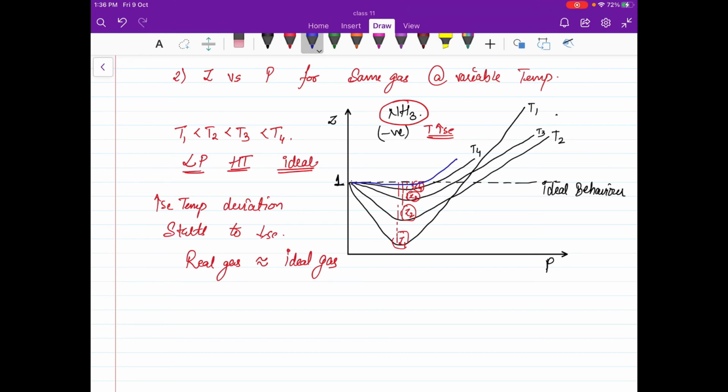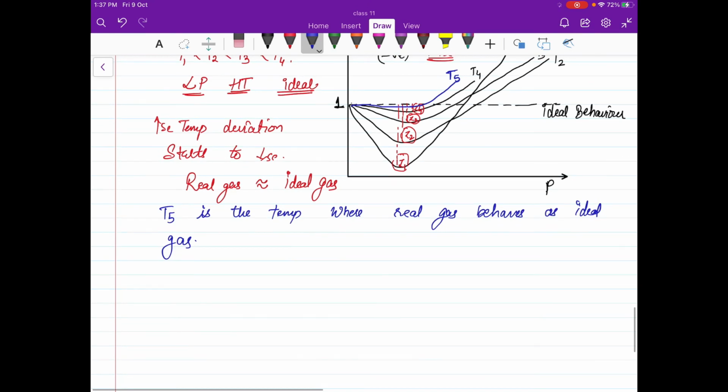So T5 is the temperature where a real gas behaves as an ideal gas, and this temperature was termed as Boyle's temperature, or Boyle's point.